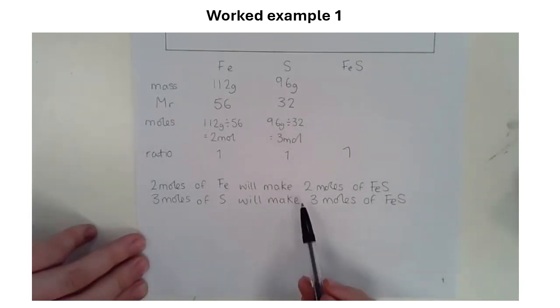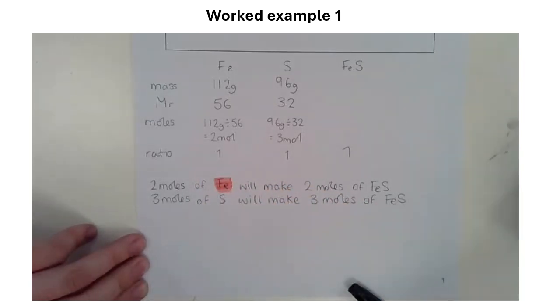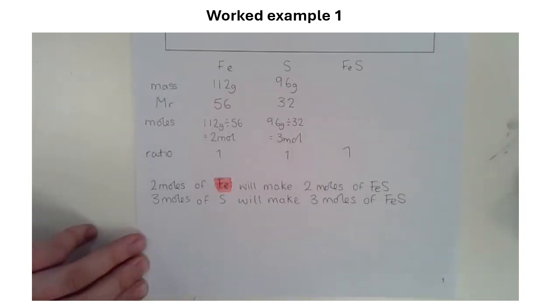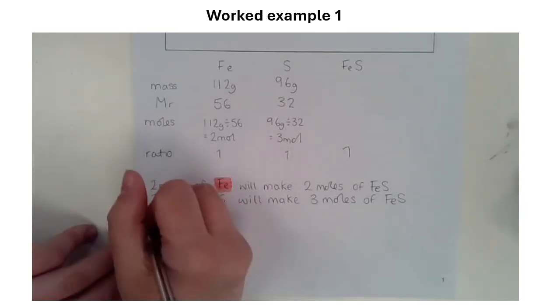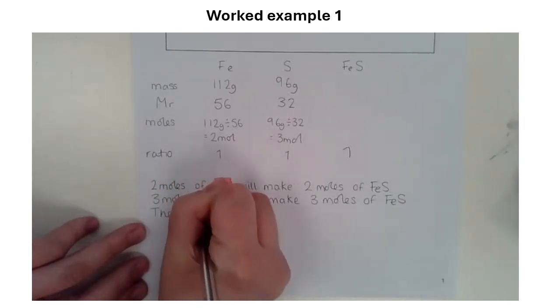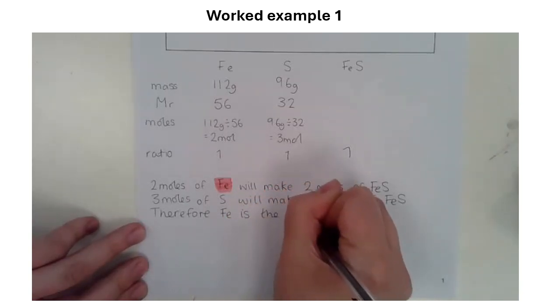Now the reactant that makes me the least moles of iron sulfide here is my iron. So therefore my iron is the limiting reactant because it's limiting how much iron sulfide I can make. So my final sentence needs to say, therefore, iron is the limiting reactant.